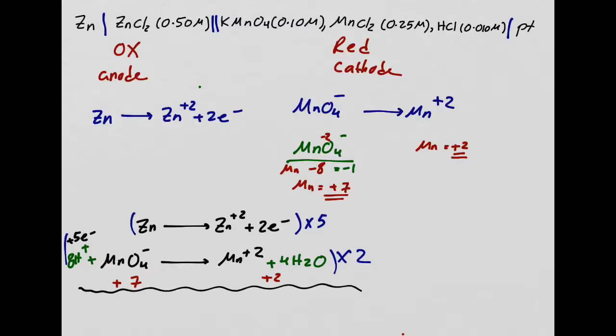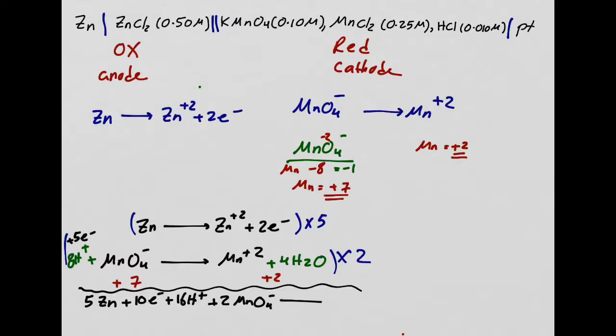Okay. Now I'm going to combine these together. So I would get 5. Don't forget to multiply everything out. Again, we've gone over balancing redox. Go back over it if you still have problems with it. 10 electrons plus 16 H plus. I'm going to add all the reactants together and all the products together.